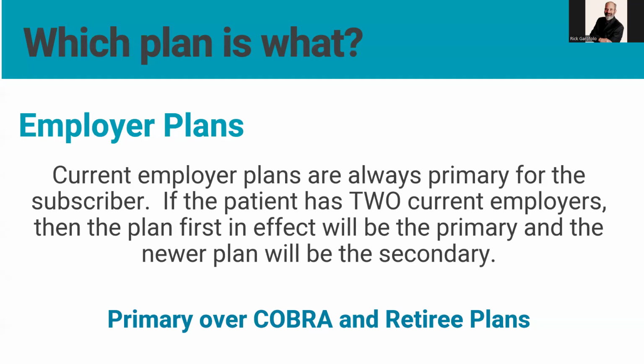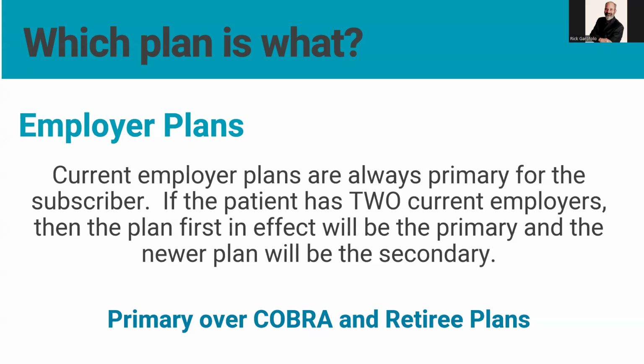They work a full-time job and then they have a part-time job at FedEx or UPS or any other company that offers benefits to part-time employees. So a patient could have two plans from their current employers. If that is the scenario, typically the plan first in effect will be the primary and the newer plan will be the secondary.